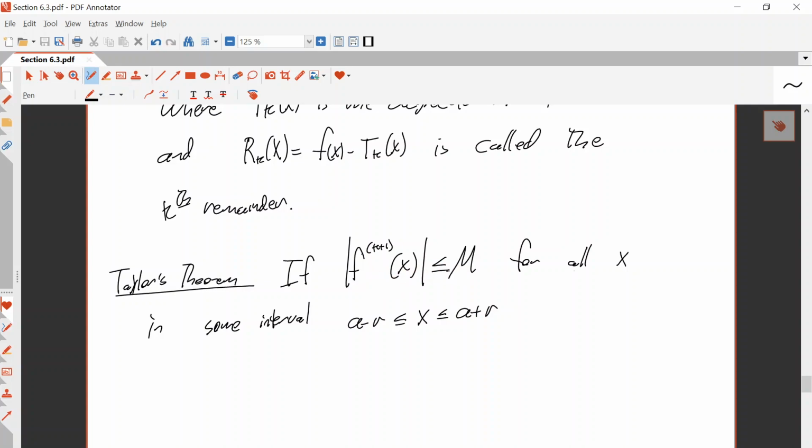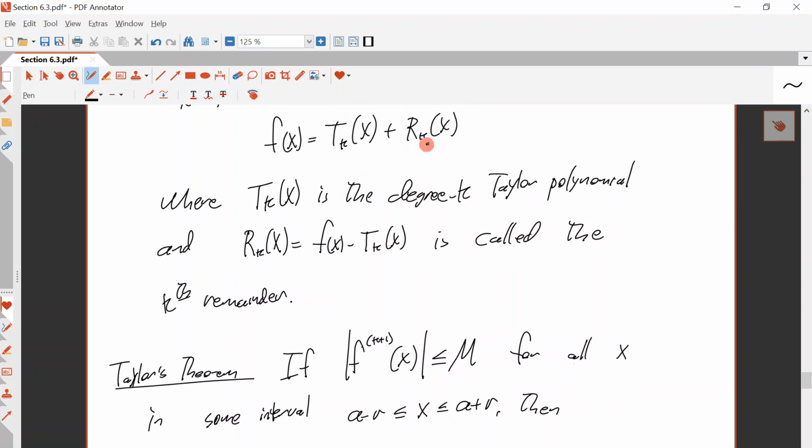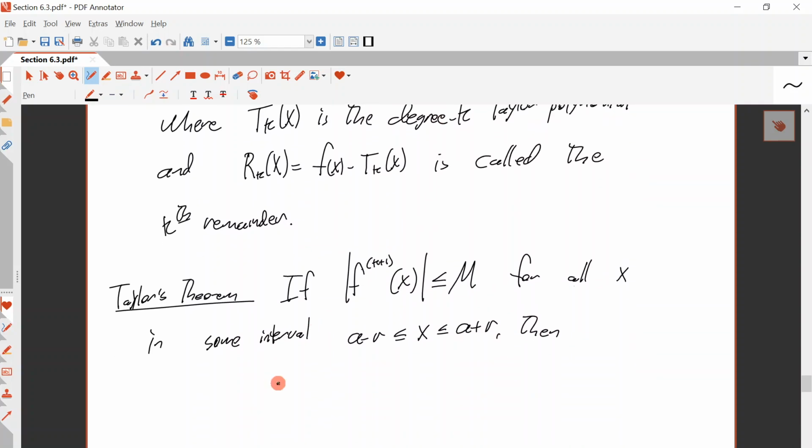Okay, so that's not Taylor's theorem yet, but Taylor's theorem says if the k plus 1 derivative of f is bounded on this bounded interval, then the remainder is less than or equal to M times r to the k plus 1, over k plus 1 factorial.